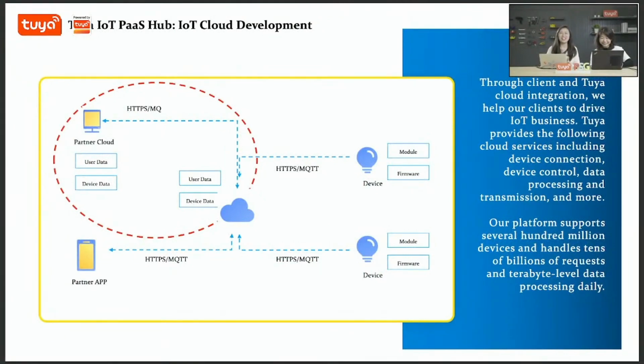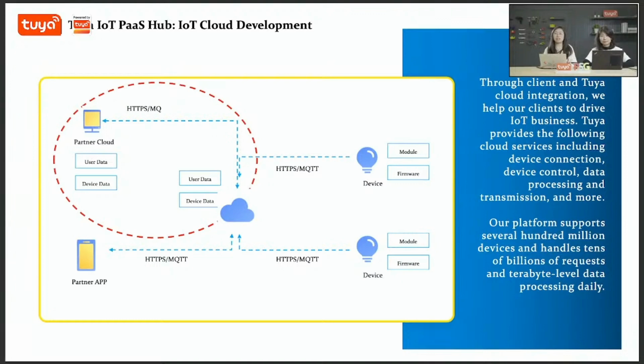As we mentioned earlier, enterprise developers obtain the ability of Tuya Cloud to drive AIoT business operations by using the API interface provided by the Tuya IoT Cloud Platform, right? These capabilities include cloud services, device connection, device control, data processing and transmission, and AI.